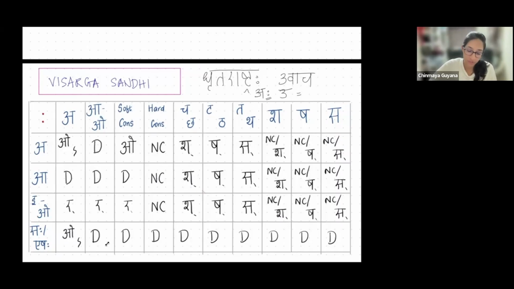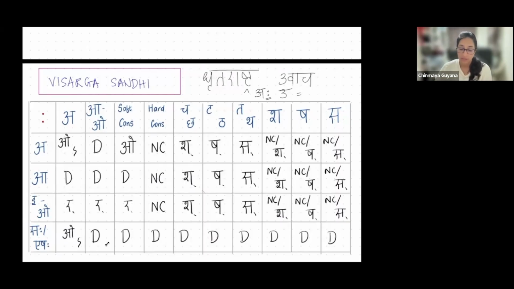In my answer, the Visarga is going to be erased. That's what it means for it to be dropped. It disappears, it goes away. So Dhritarashtraha Uvacha equals Dhritarashtra Uvacha.